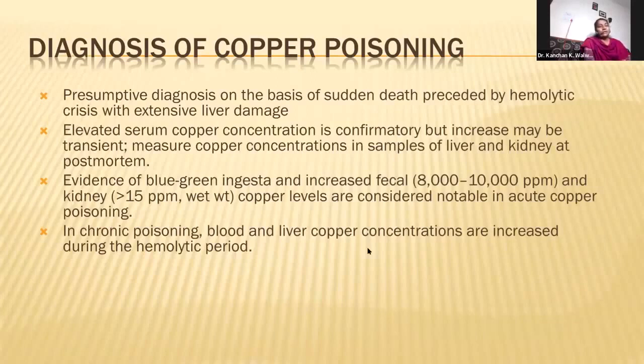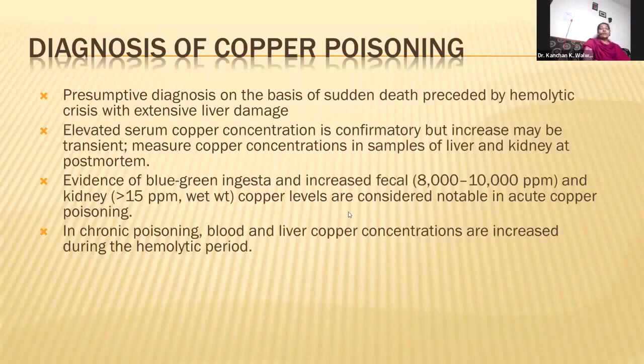So from the sample of a dead animal, or even you can go for biopsy of the liver and kidney at the antemortem examination. You can take the biopsy samples, and you can go for estimation of tissue copper concentration of the liver and the kidney. That will give you a correct picture.